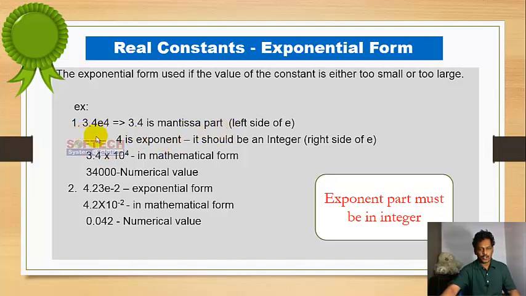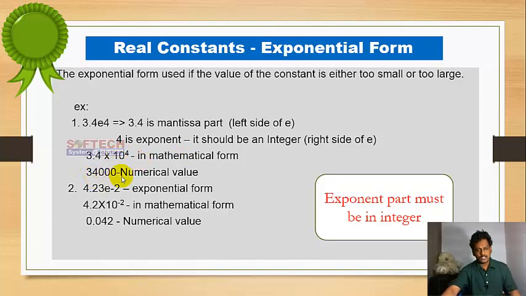We can also write this exponential form 3.4 e4 as 3.4 into 10 to the power 4. This is the mathematical form, and that is the exponential form. What is the numerical value? 3.4 into 10,000.